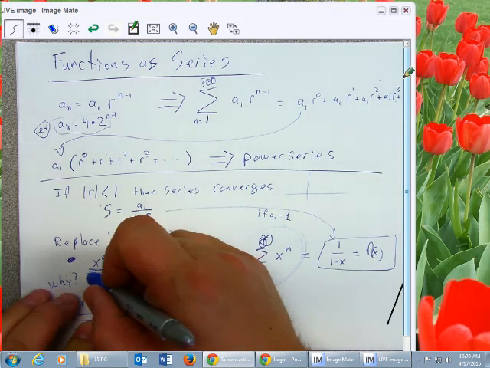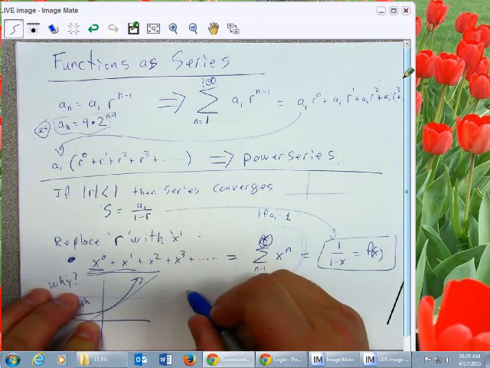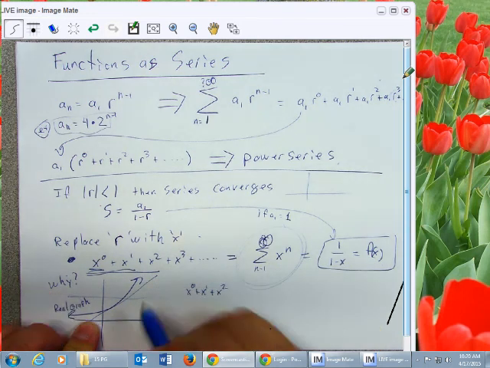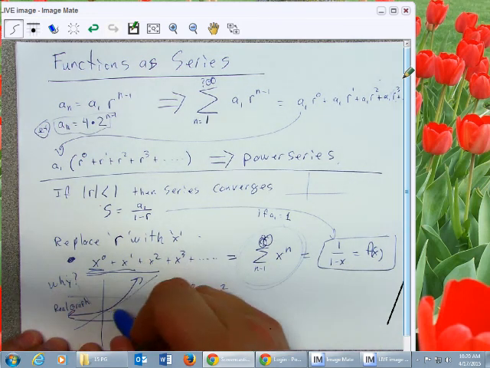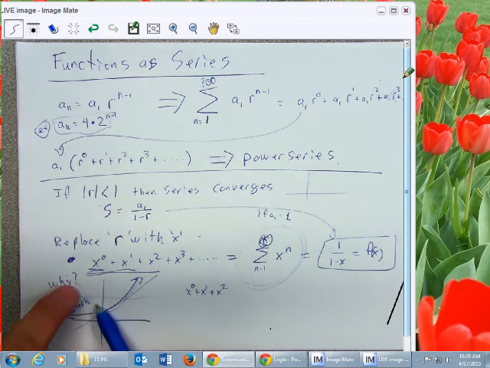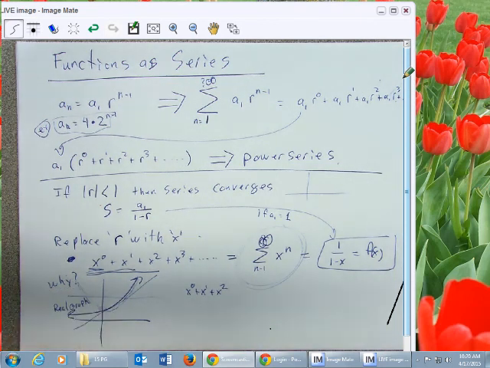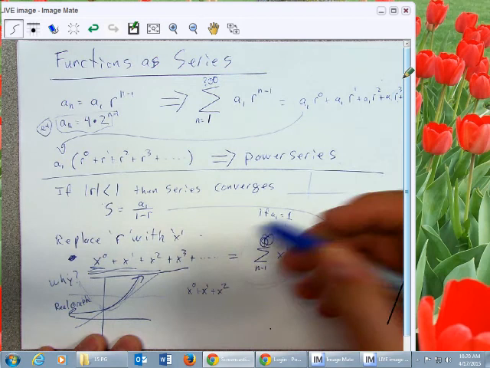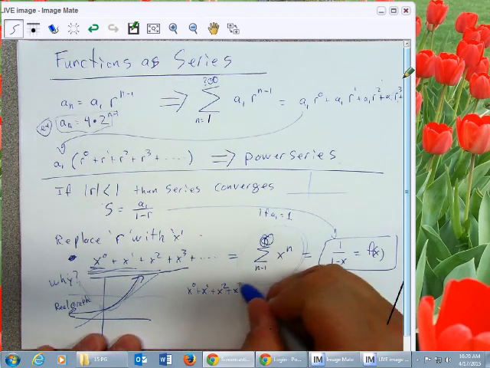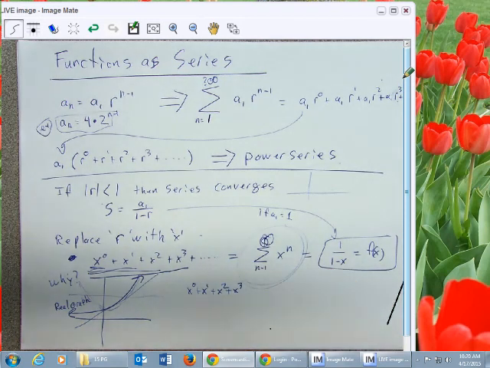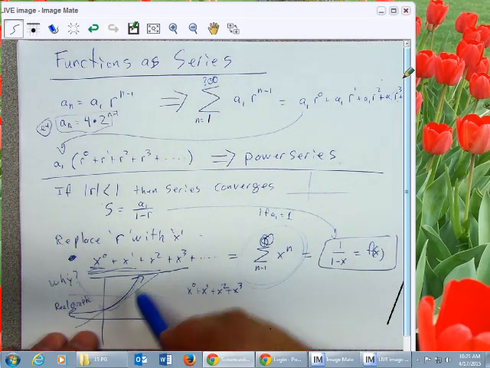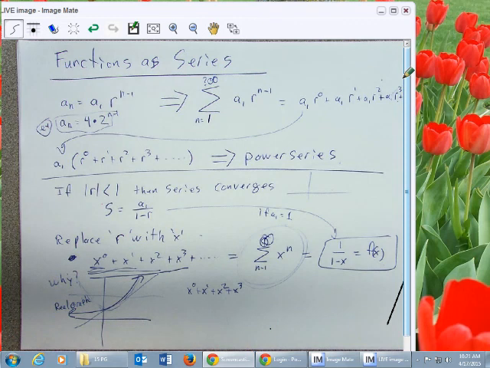I could go to the first 3 terms and say my estimate is x to the 0 plus x to the 1 plus x squared. And now that becomes a better estimate because I get the curvature, but it's going crazy over here. If I go with the next term, now it goes to x cubed. Well, the thing is, the farther I go, the better an estimate of the actual graph the polynomial becomes.